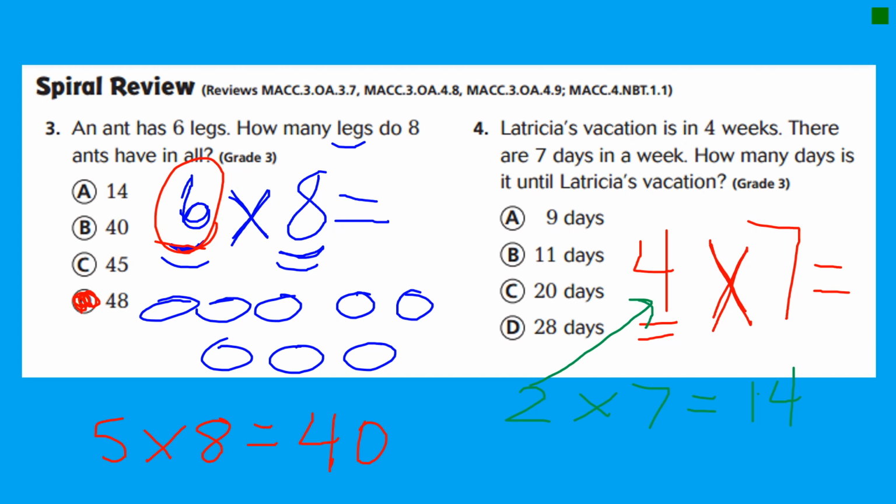So if I double how many sets of 7 I have, I can double 14. If 2 times 7 is 14, 4 times 7 is 28, right? So I can use my 2's to do my 4's. If you know 2 times 7 is 14, you can double the 14 and get 4 times 7.